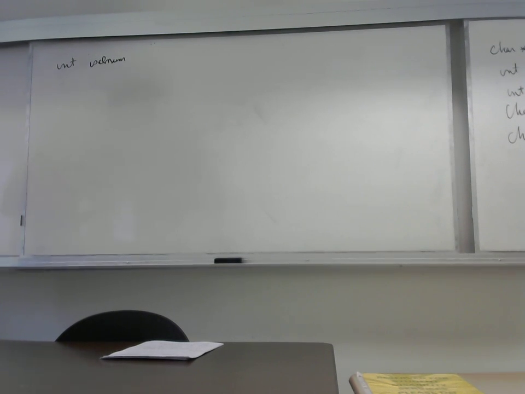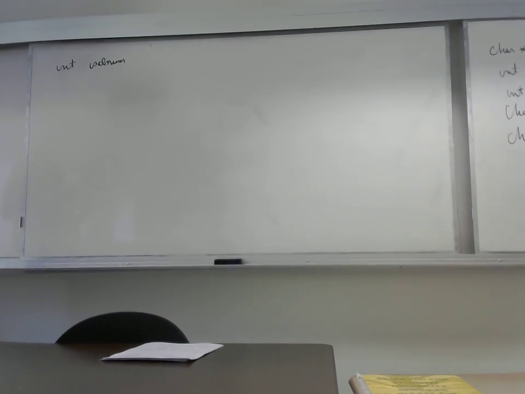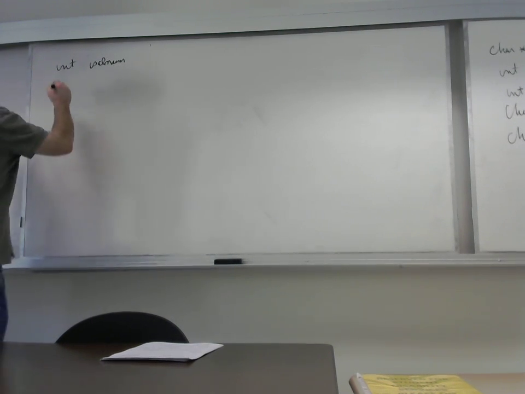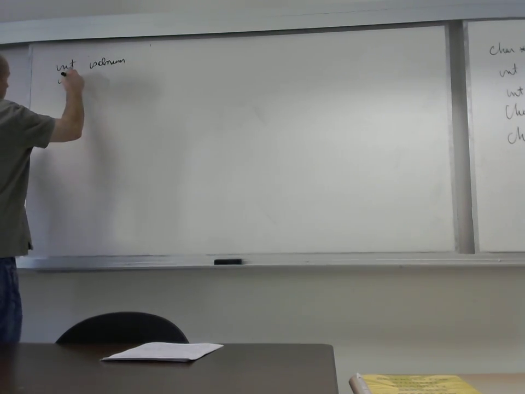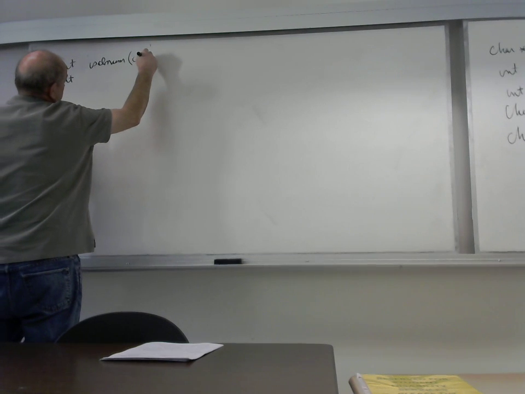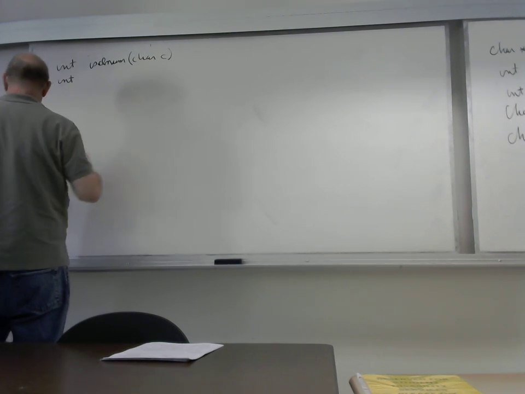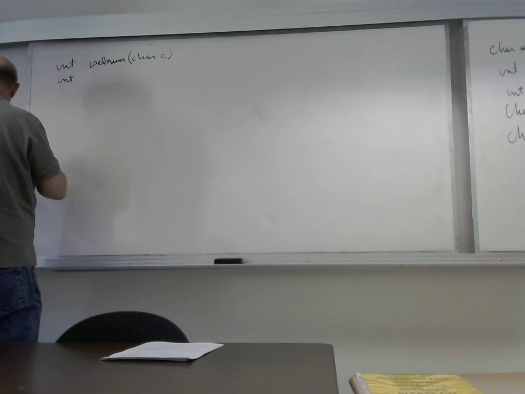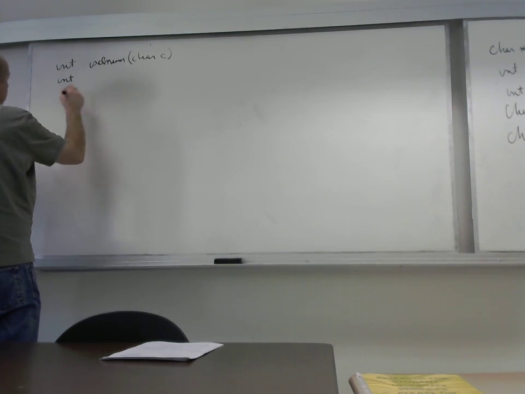So this looks weird. isalnum. Is it an alphanumeric? A through Z, 0 through 9. So both letters and numbers. And of course it takes a character. isalpha?